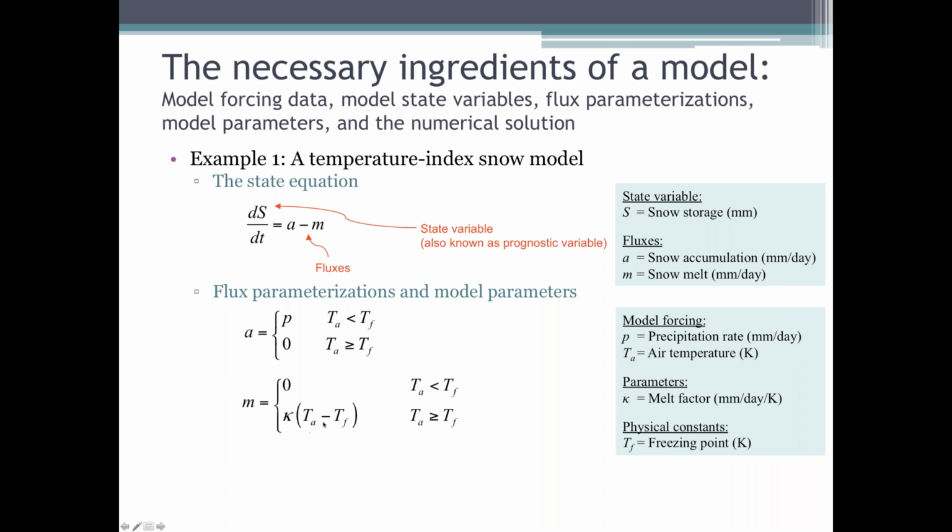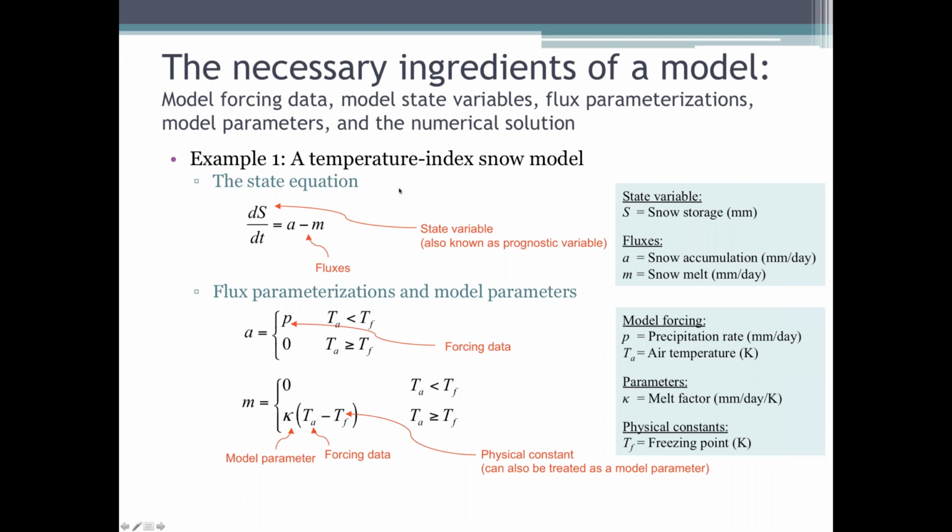And melt will occur as some function of air temperature above that freezing point for air temperature greater than the freezing point. You can see our forcing data here, our precipitation and our air temperature. Our model parameter is kappa, and our physical constant, which could also be treated as a model parameter and is often changed quite a bit, is the freezing point for air.